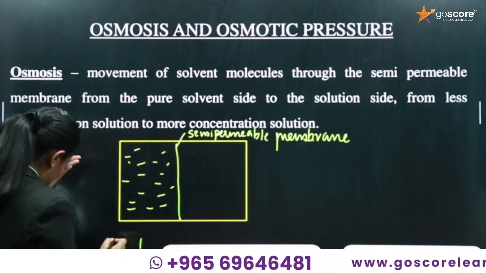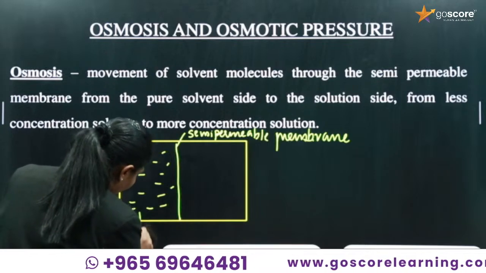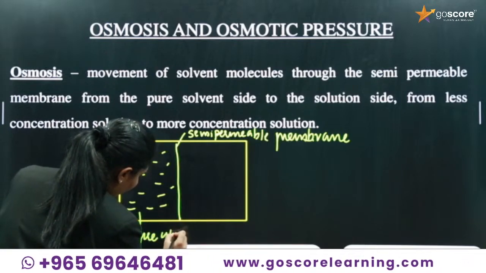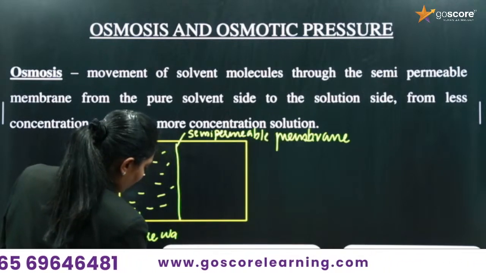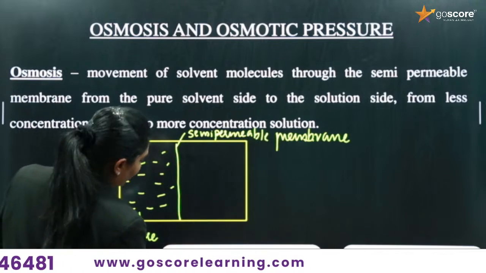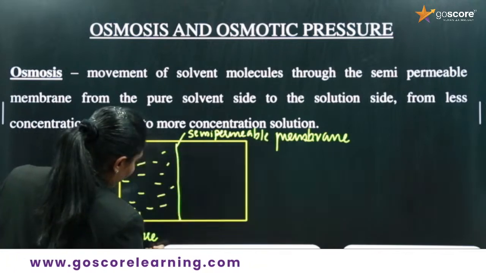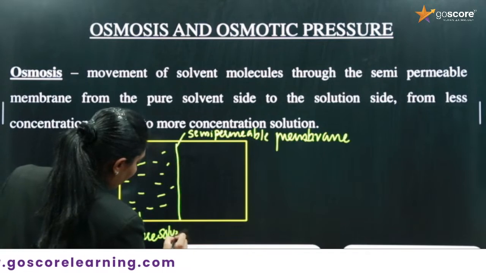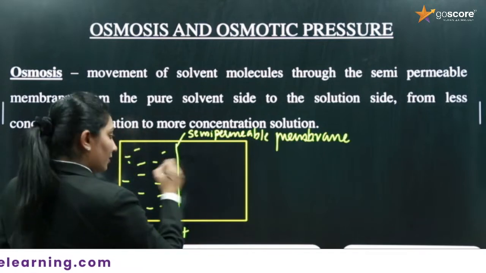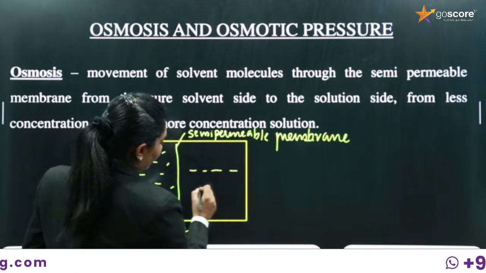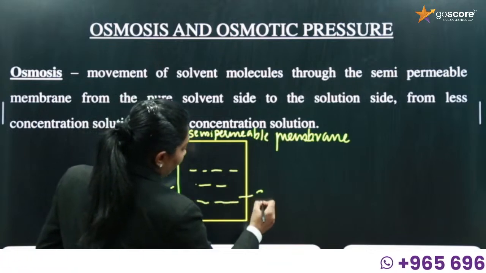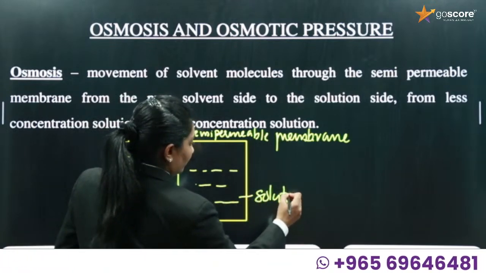Okay, this is nothing but the pure water. Okay, pure solvent. Here I have taken the pure solvent. On the second part of the semi-permeable membrane, I have taken the solution, right?